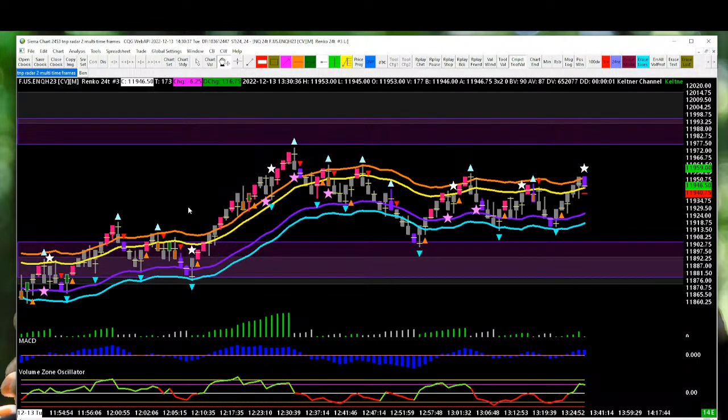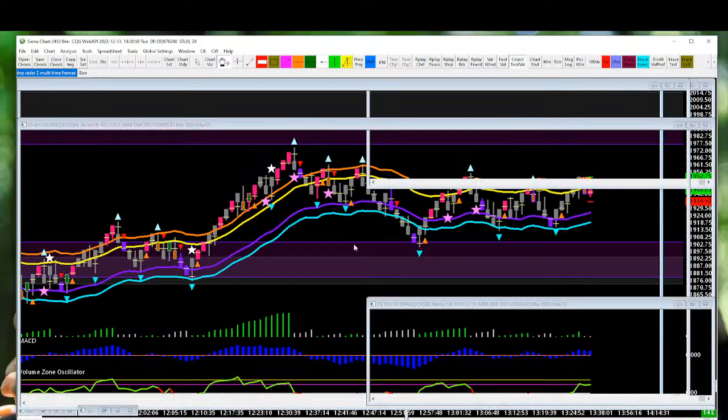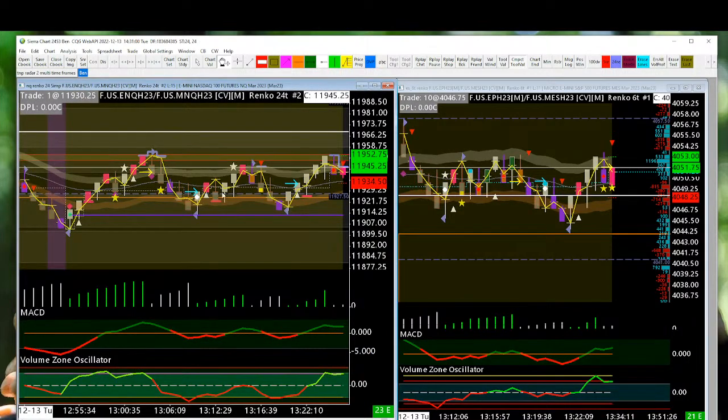Not just location, but also whether or not we should take the first test or the second test of a level. Things like that. It helps a ton. I've added some additional indicators to this one that everyone looks at in Simon's room, as well as some more signals.